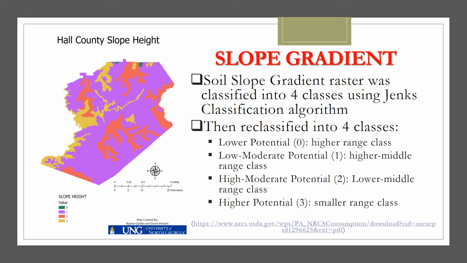Flat area is mostly the higher potential. In such cases, we use the Jenks classification algorithm. That way it is classified into 4 classes, and we group the lower potential, the higher range class, as 0, and so on and so forth. And the link for this distance support is provided.